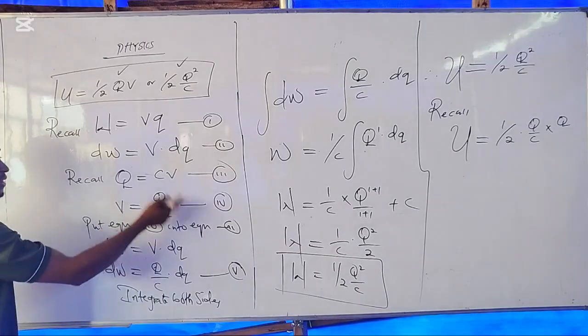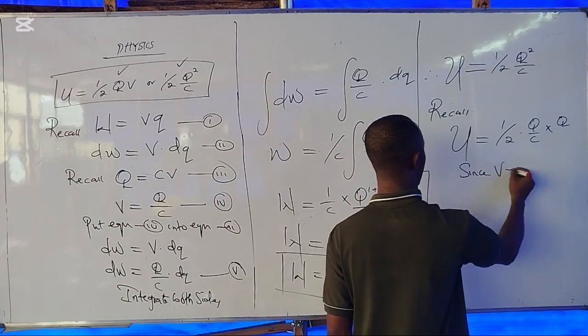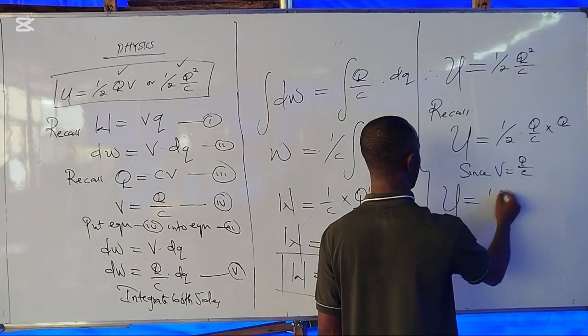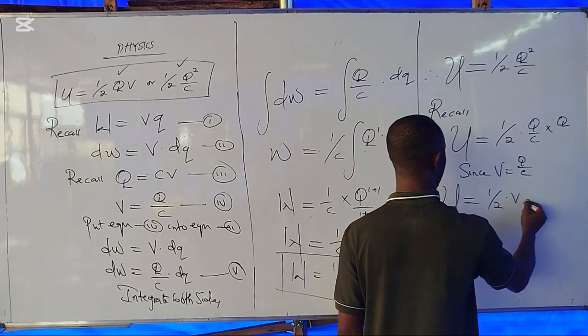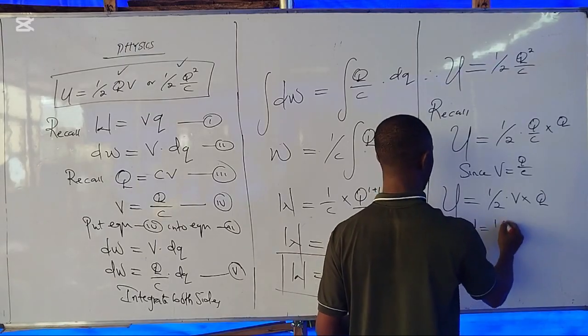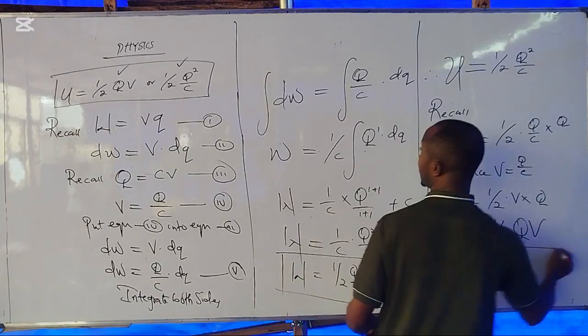So if V equals Q over C, since V equals Q over C, that means our energy then becomes what? Half V times what? Q. And that will be what? U equals half QV. Right? Is that? Yes. Number 5.